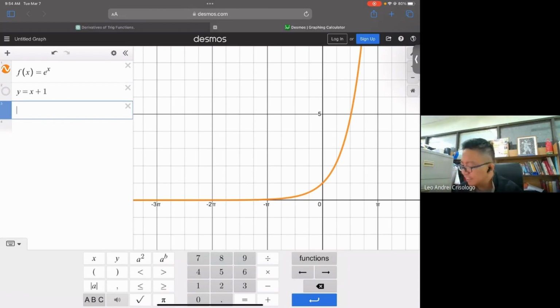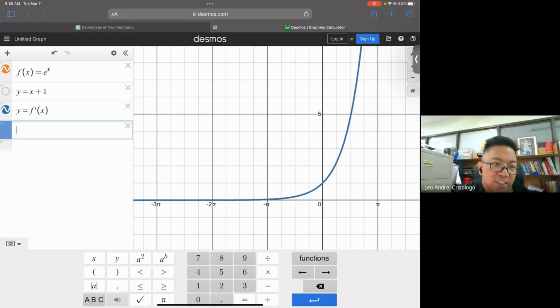And you could actually graph it na what is the graph of the derivative of f of x? It's actually the exponential function pa rin. The derivative of the exponential function is itself. So, siya yung function na kahit anong derivative gawin mo, babalik at babalik pa rin siya sa sarili niya.